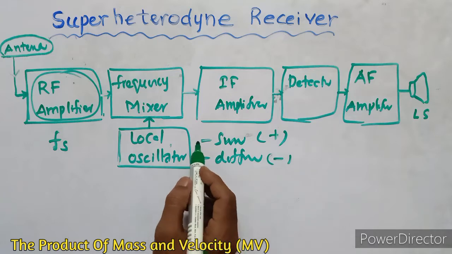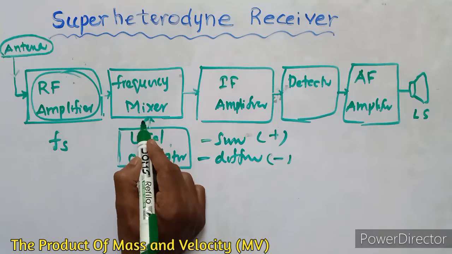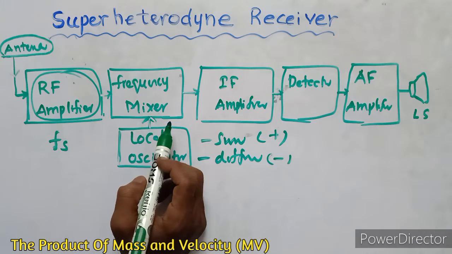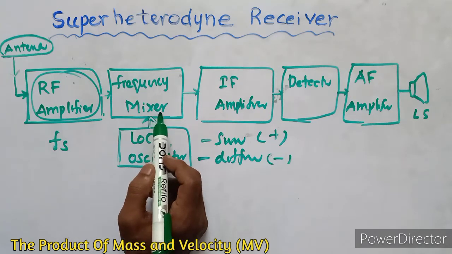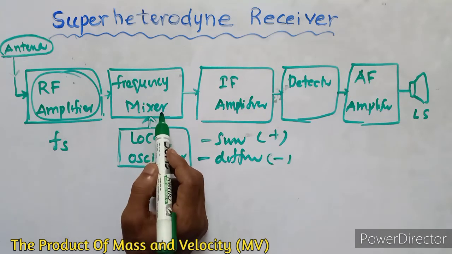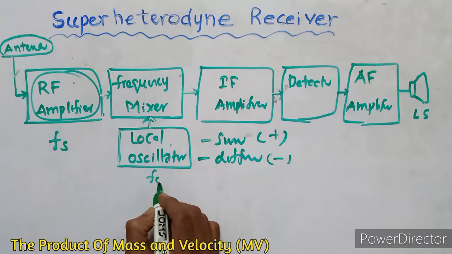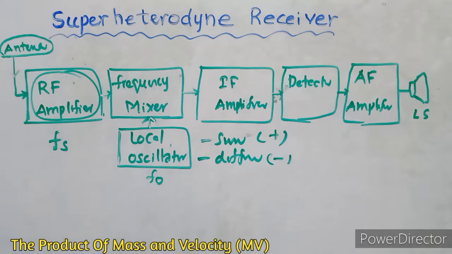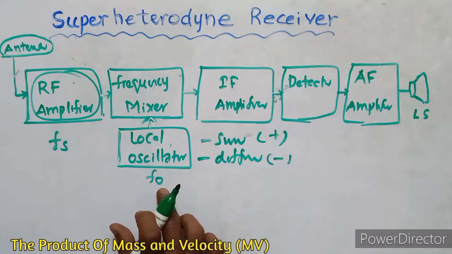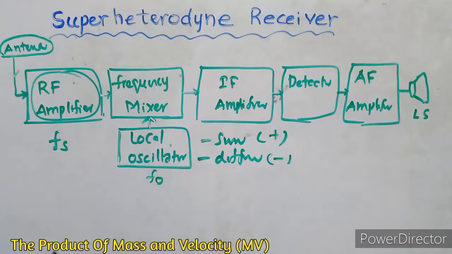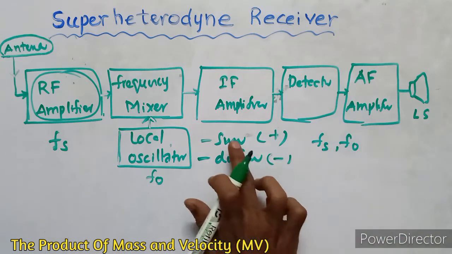So the local oscillator output is given to the frequency mixer, and the frequency changer circuit is formed by the mixer and oscillator. The output current of the mixer has the components Fs, and the local oscillator frequency is denoted as F0.